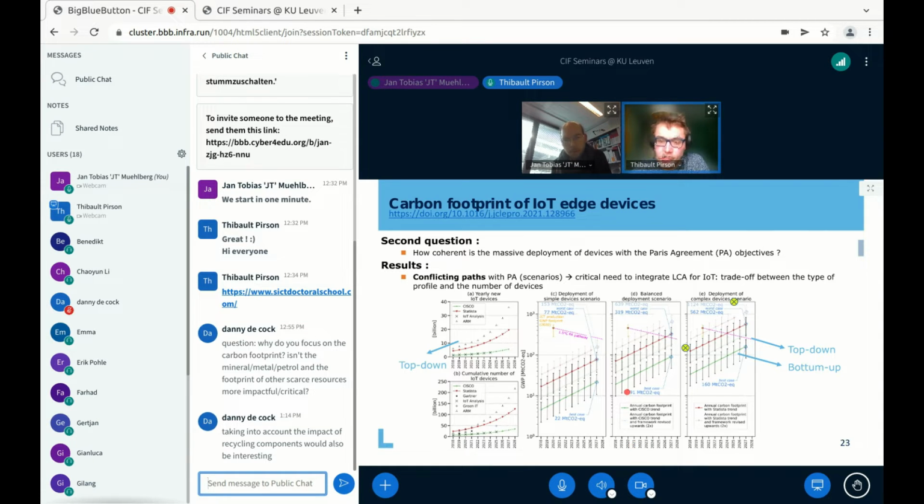For the first question, the pie chart, I think your question was about that. The pie chart that I presented for Malmodin is not considering the IoT, but in his paper, he mentioned and did the work to try to see what would be the impact of the IoT.